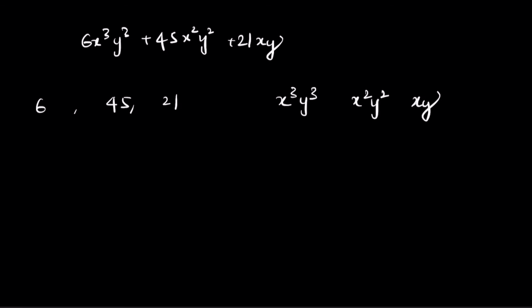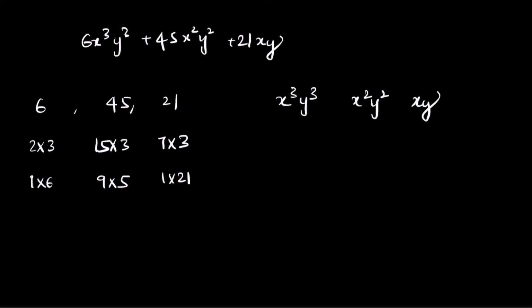For 6, 45, and 21, what is the common GCF? If you split them into their individual factors, 6 is 3 times 2 and 1 times 6, 21 is 3 times 7 and 1 times 21, and 45 can be written as 3 times 15 and 9 times 5.